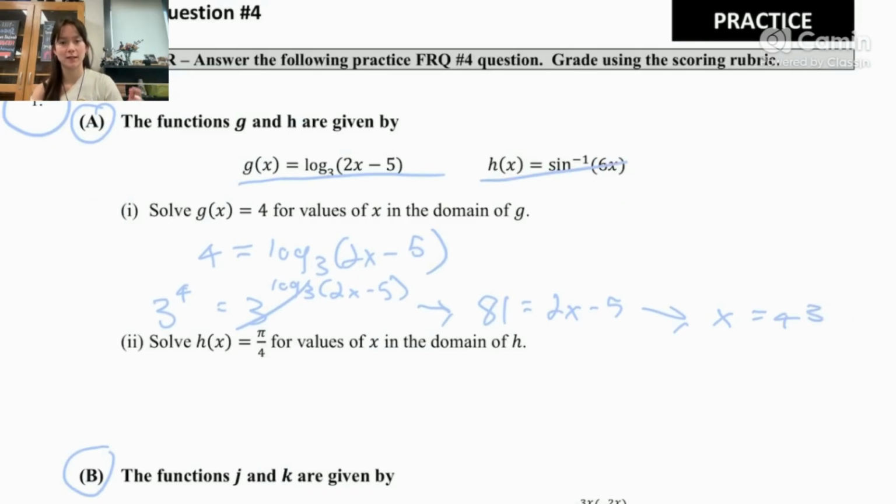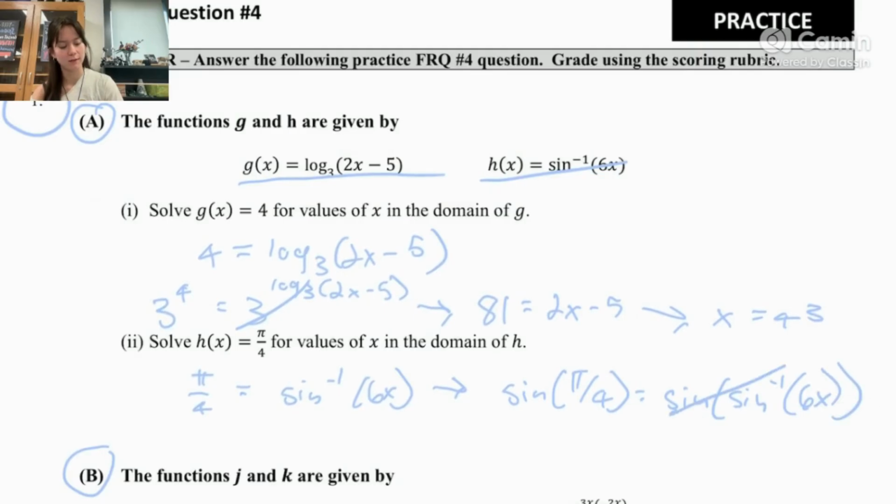And then for h of x, you would be plugging pi over 4 into h of x. So you do pi over 4 equals inverse sine of 6x. From there, you do sine of both sides so that you can get rid of the inverse sine. So you do sine of pi over 4 equals sine of inverse sine of 6x, which cancels out, and that gets you sine of pi over 4 equals 6x.